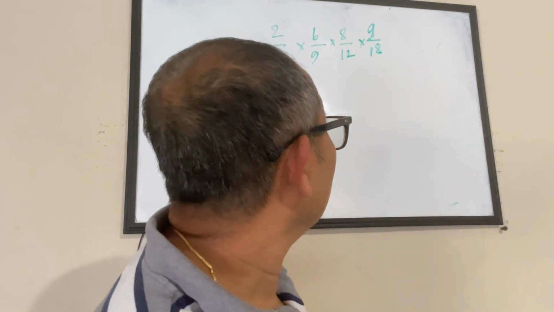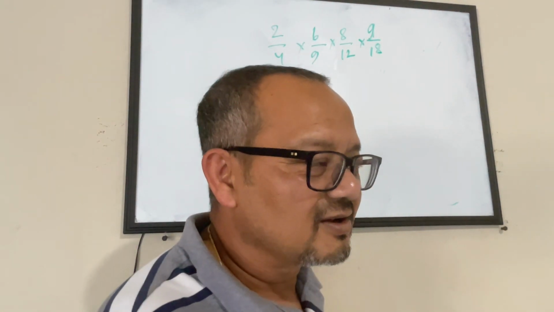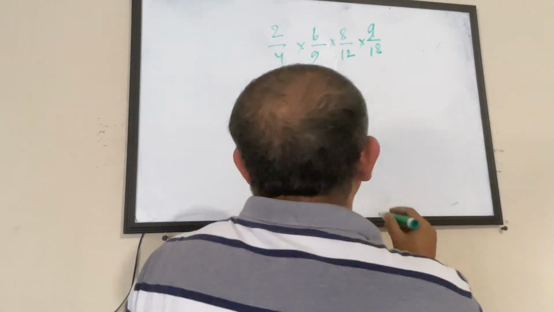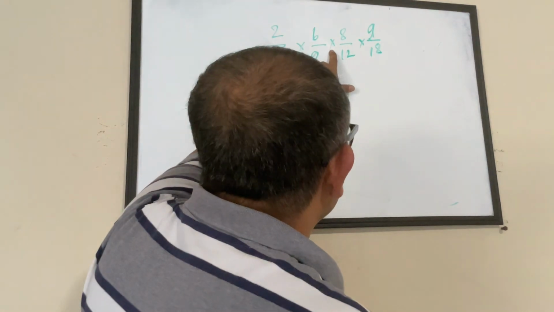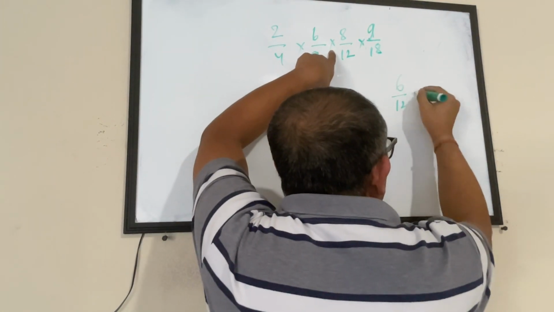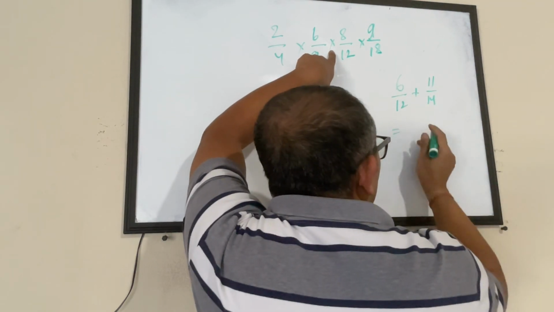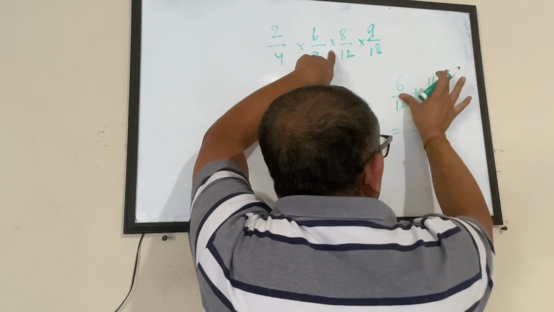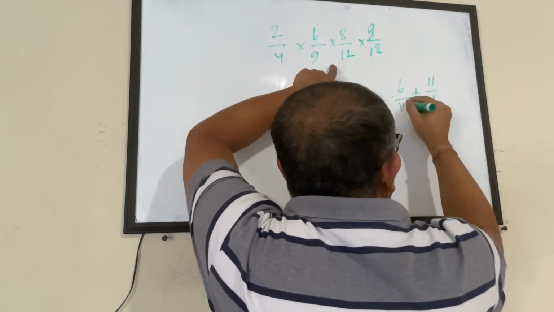What is 11 by 14 plus 6 by 12? I will make it 1 by 2. See, 6 by 12 is nothing but 1 by 2.